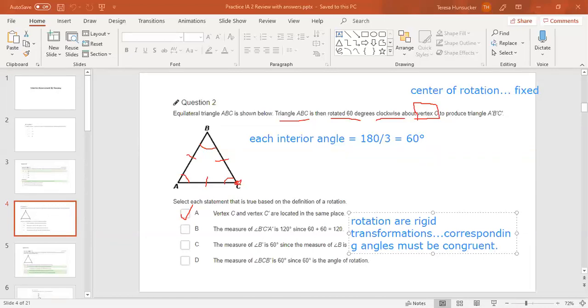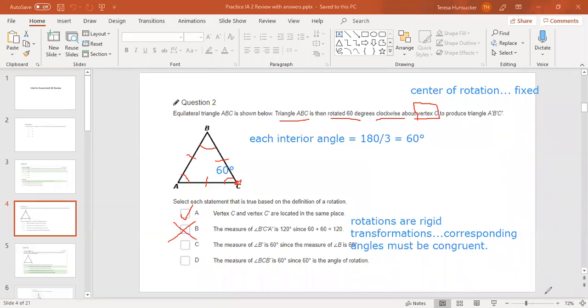So since angle BCA is 60 degrees, since each interior angle is 60 degrees, its image B prime, C prime, A prime would also be 60 degrees. So this would be incorrect.